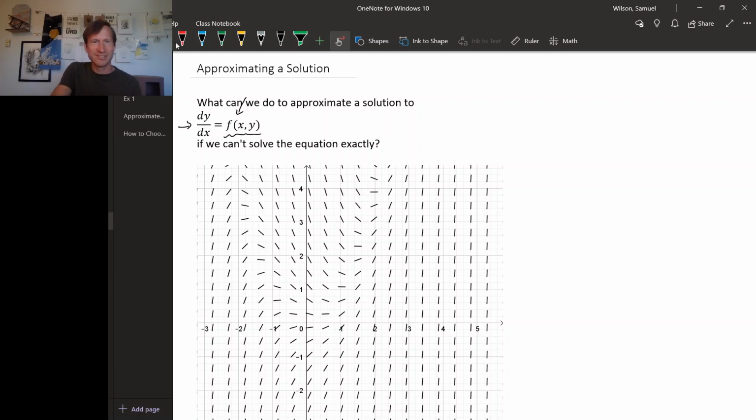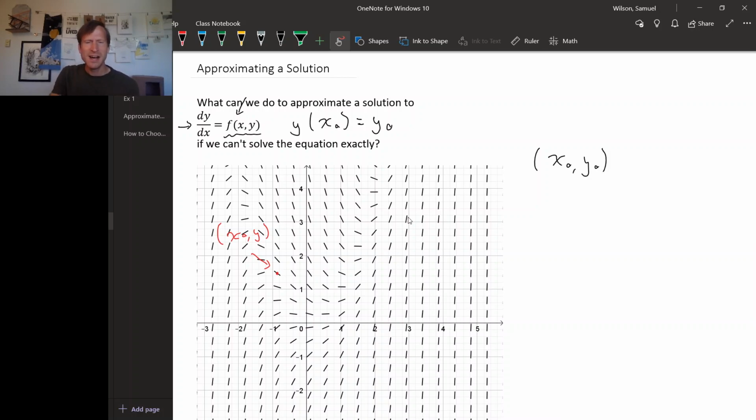So, just to be concrete, let's start here. We're going to have some initial condition, y of x naught equals y naught. So this point that we've chosen here is the point x naught, y naught. That is our starting information.